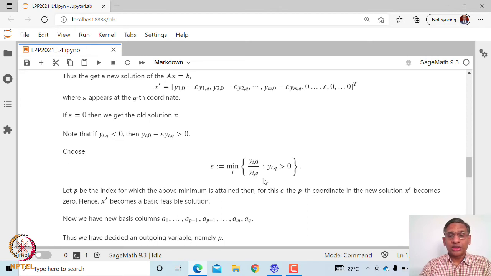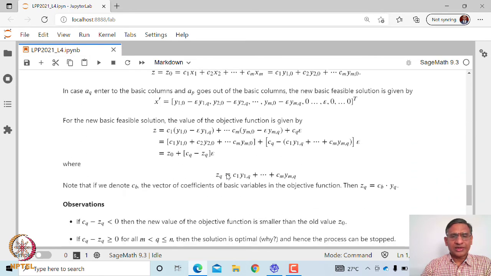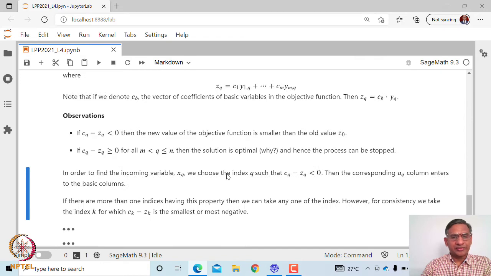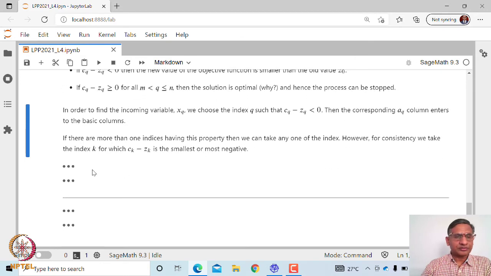The incoming column is q, and only those ratios for which the coefficient in this column yq is positive. Then you choose the index at which this minimum occurs. That is going to decide the outgoing variable. We will write this in terms of a matrix or a table, which we call the simplex table. It will become very clear. So that is how we have decided the incoming variable and the outgoing variable.